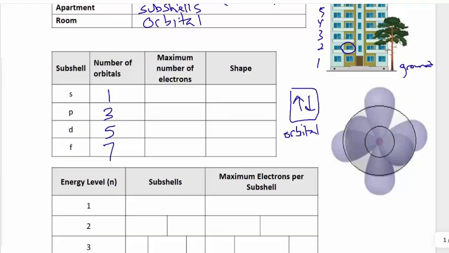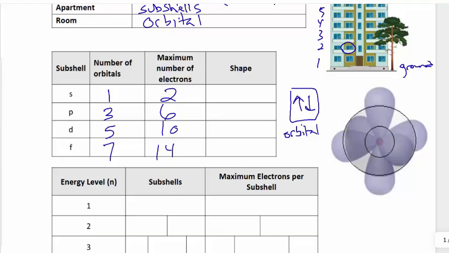What that represents is you can have two electrons in an orbital, similarly to maybe you could have 2 people per bedroom. So if an s subshell has one orbital, you can have 2 electrons. If a p subshell has 3 orbitals, that's like 3 rooms, that has 6 electrons. If something has 5 orbitals, you can have up to 10 electrons. And then 7 orbitals can have 14 electrons.